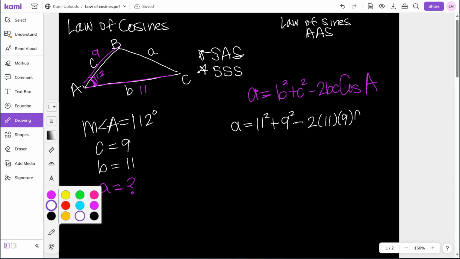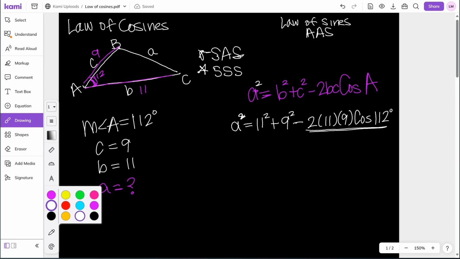And then I'm going to multiply that by the cosine of 112 degrees. Again, we need to be in degree mode. Oh, sorry, this is A squared. So I have A squared equals 11 squared plus 9 squared minus 2 times 11 times 9 cosine of 112.